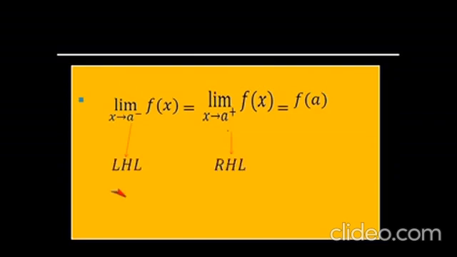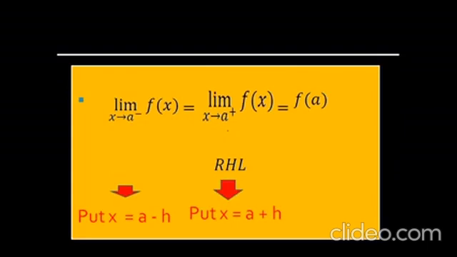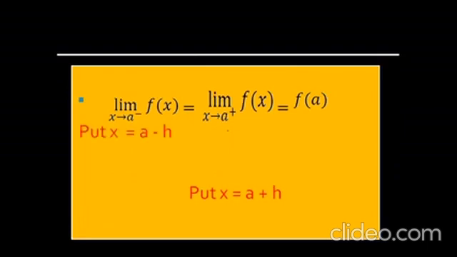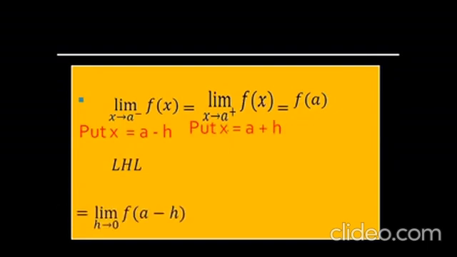In the left hand limit, we put x equals a minus h, and in the right hand limit, we put x equals a plus h. So the left hand limit is limit h tends to 0 of f(a minus h), and the right hand limit is limit h tends to 0 of f(a plus h).